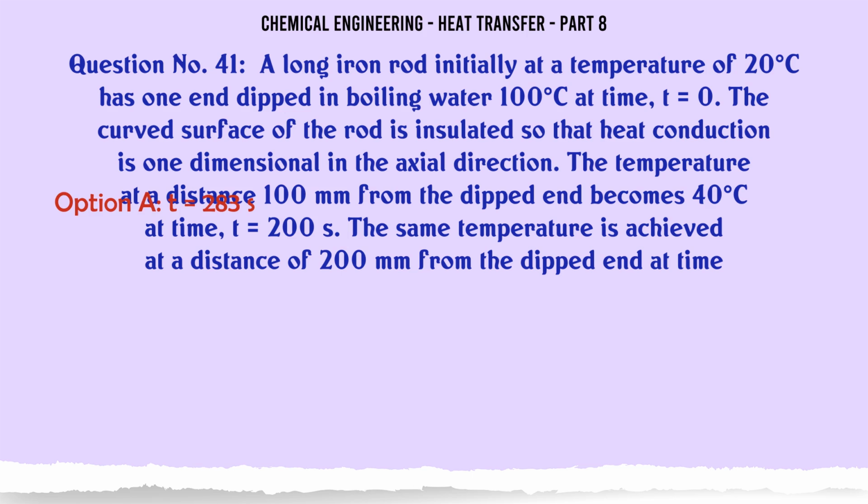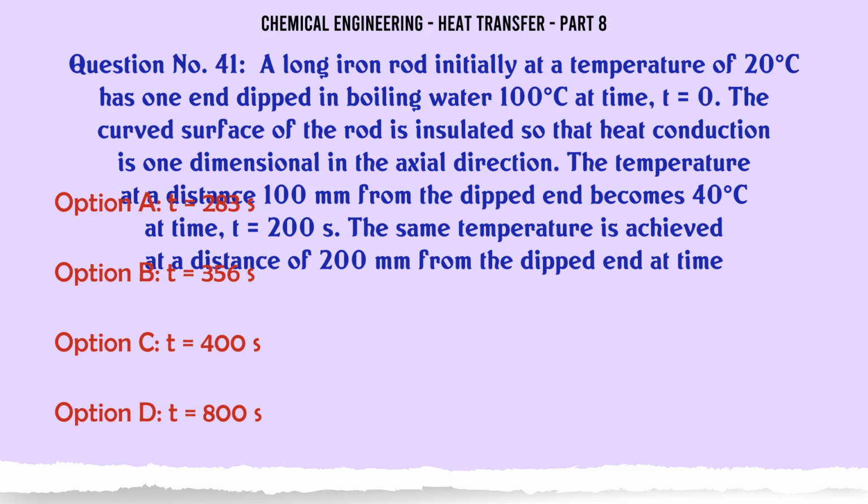A long iron rod initially at a temperature of 20°C has one end dipped in boiling water at 100°C at time t=0. The curved surface of the rod is insulated so that heat conduction is one-dimensional in the axial direction. The temperature at a distance 100 mm from the dipped end becomes 40°C at time t=200 s.